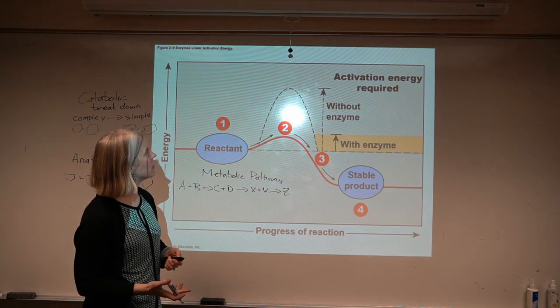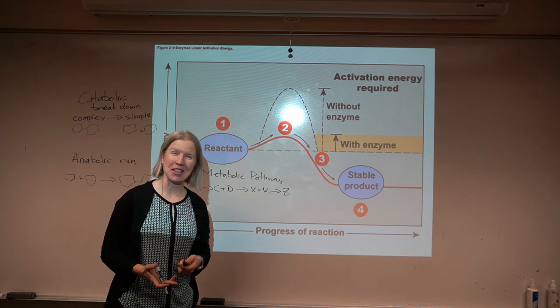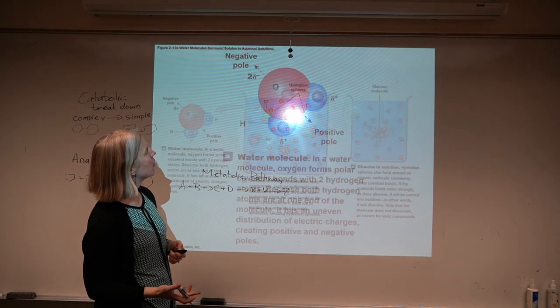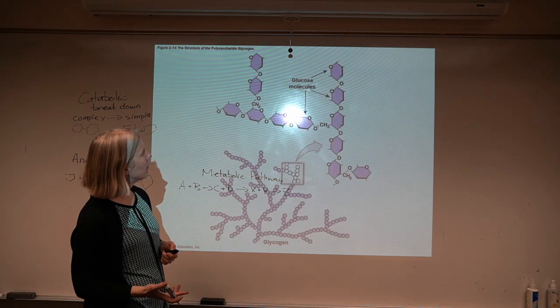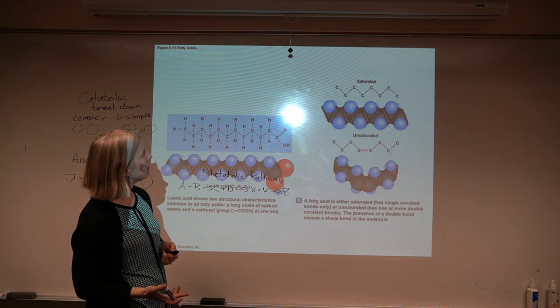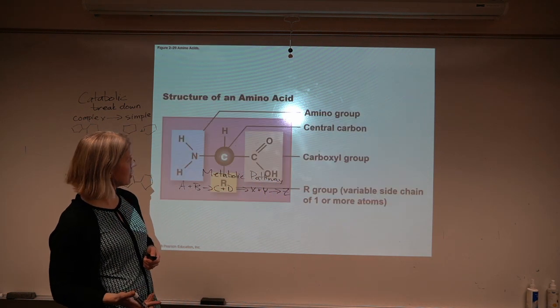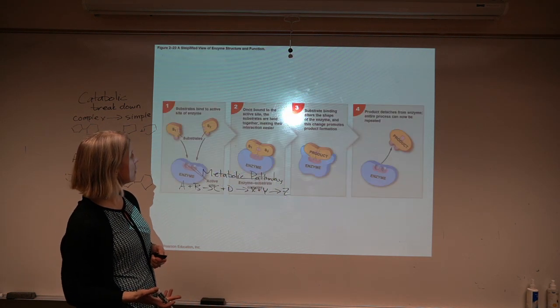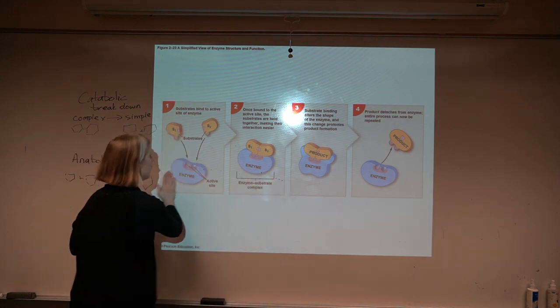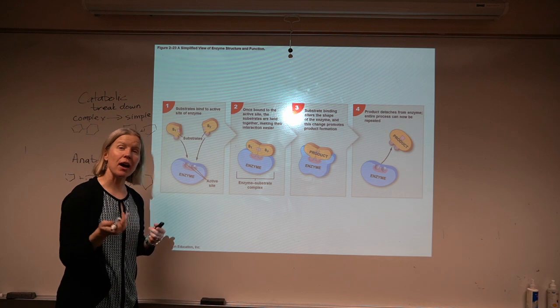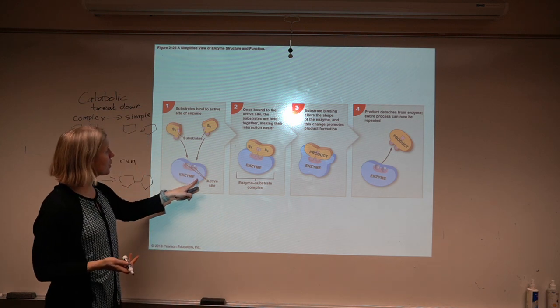I should have a picture of this somewhere. I'm about to flip through a bunch of slides. Hold that thought. I don't have a picture of my enzyme. It's a protein, so enzymes are always made out of proteins. Here we go. Okay, so enzymes are always made out of proteins. And notice what happens here.